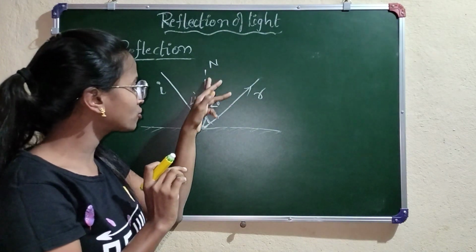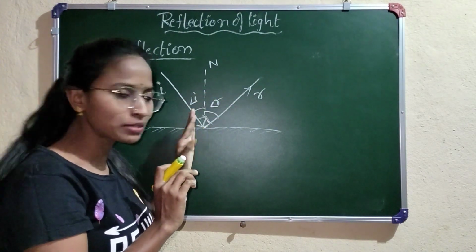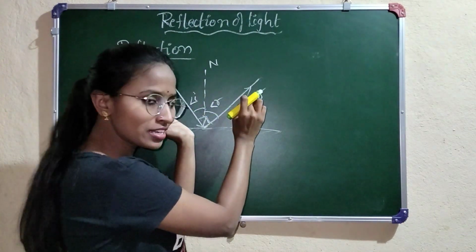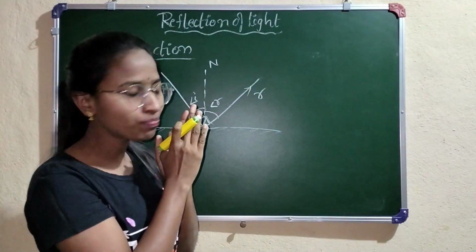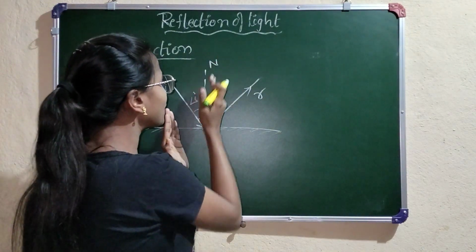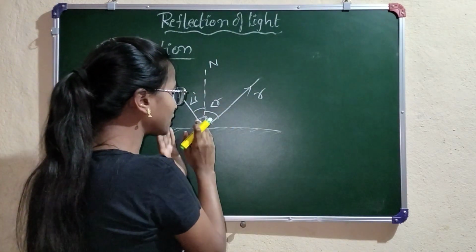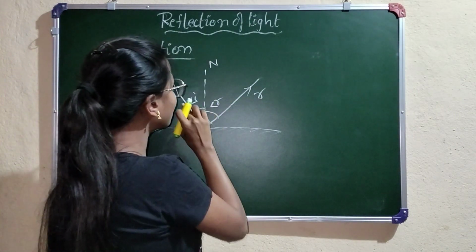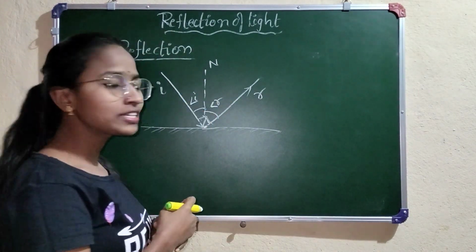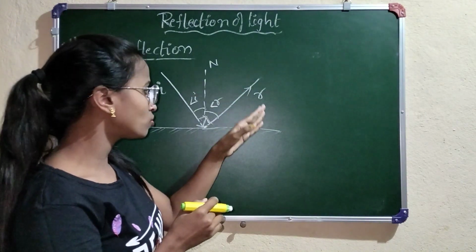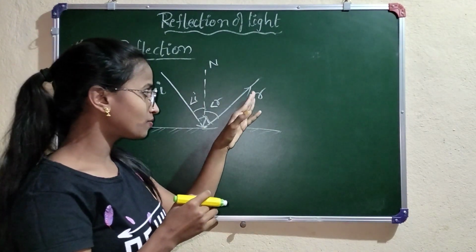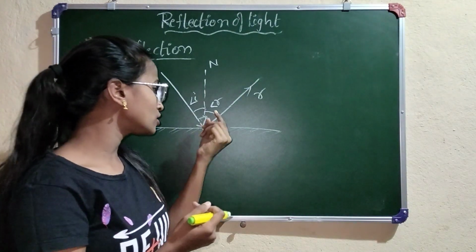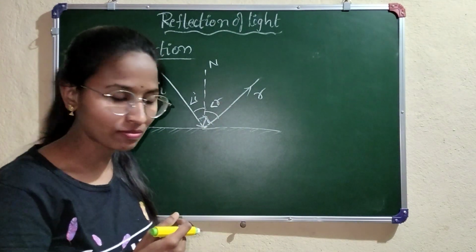Yes, this normal line lies exactly in between the angle made by the incident ray and reflected ray. Am I clear, all of you? So now this normal line equally separates the angle between I and R. The I making an angle with the normal is called the angle of incidence, and the reflected ray making an angle with the normal is the angle of reflection. So these both will be equal, that is the second law of reflection.